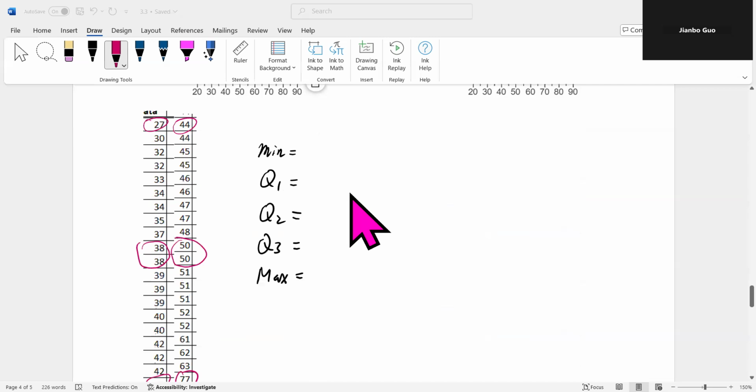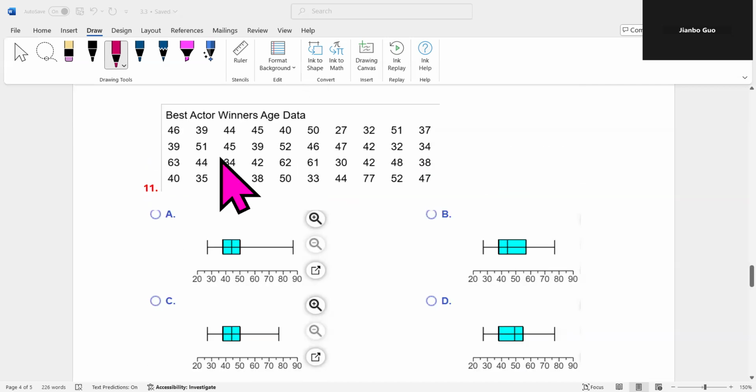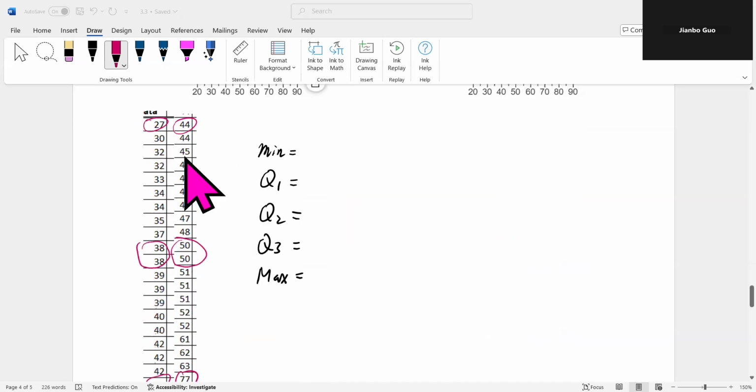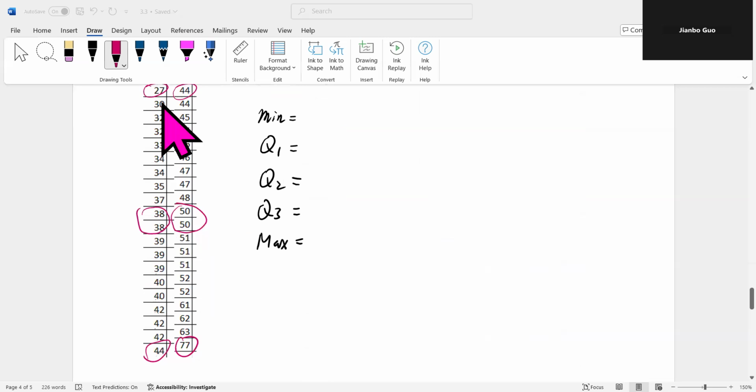After I used Excel to sort the 40 values, I have them in ascending order. So 27 to 44, that's the first 20 values, and then it follows with the 21st value all the way to the maximum value, which is 77. So this is the order: minimum, getting bigger and bigger, and then continuing from here.